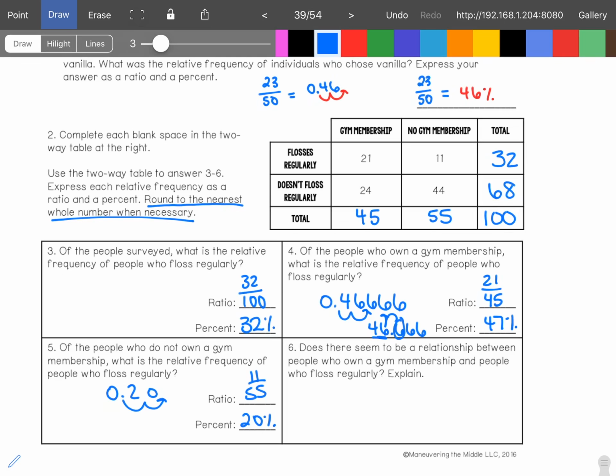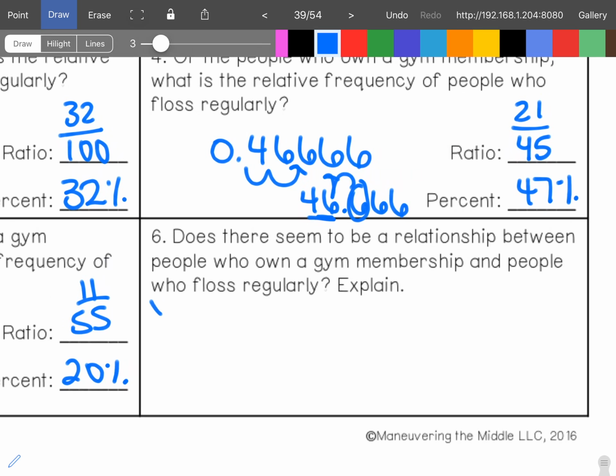All right, number 6. Does there seem to be a relationship between people who own a gym membership and people who floss regularly? What do you think? So, the answer would be yes, but it does say to explain.